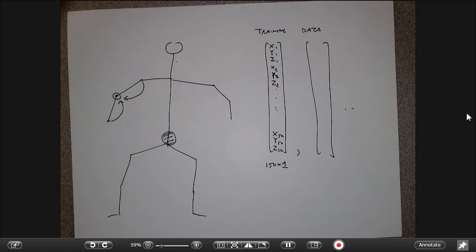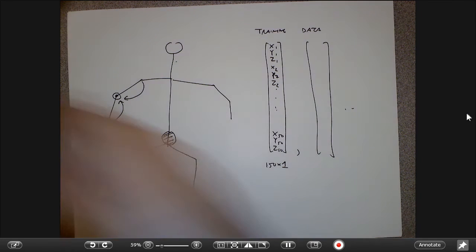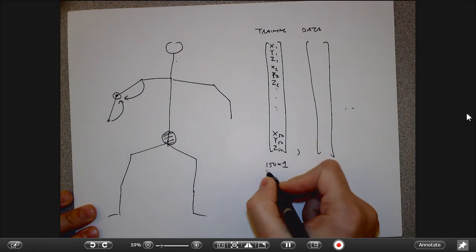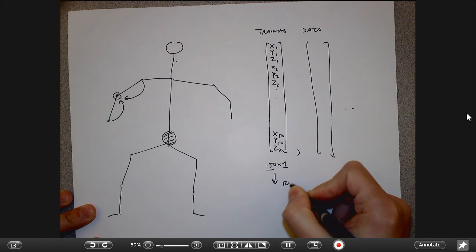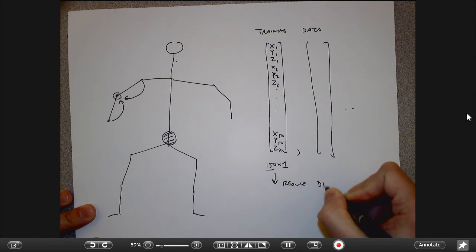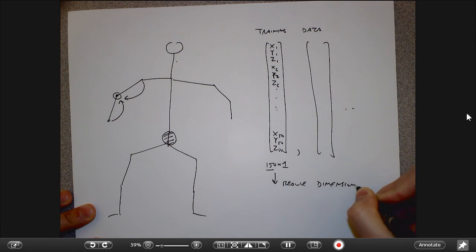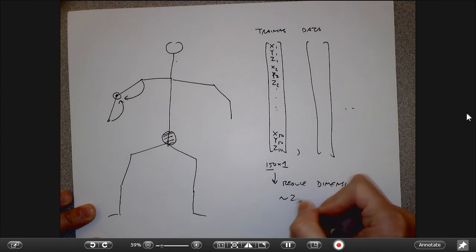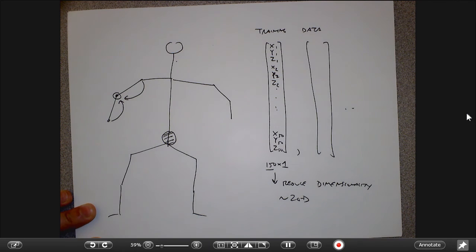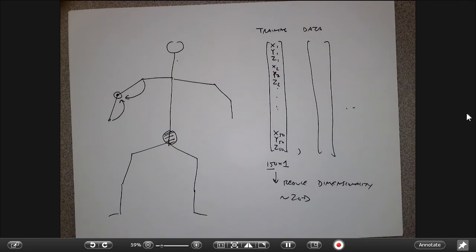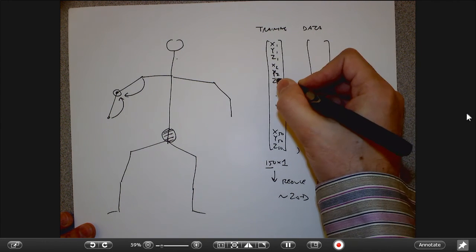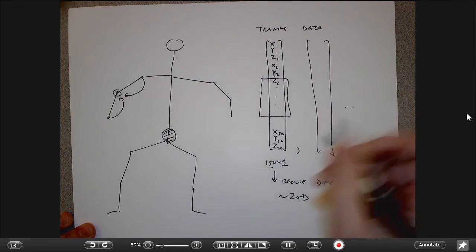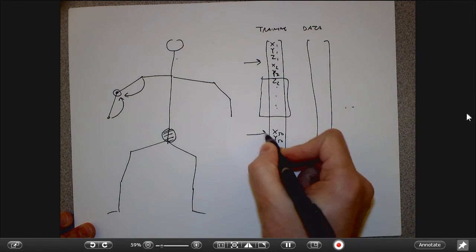And so instead of thinking about this as a 150 dimensional vector, I should be able to reduce the dimensionality to only a few inherent dimensions, maybe, I don't know, say 20 dimensions, just as a guideline, right? And then you can use an algorithm like principal component analysis to say, okay, now suppose that I missed this whole chunk of video, but I saw these markers and these markers.